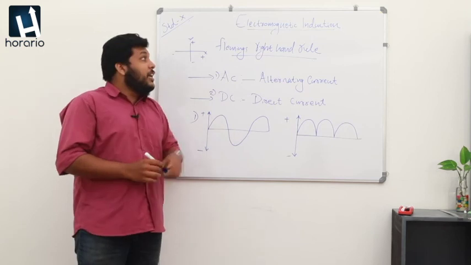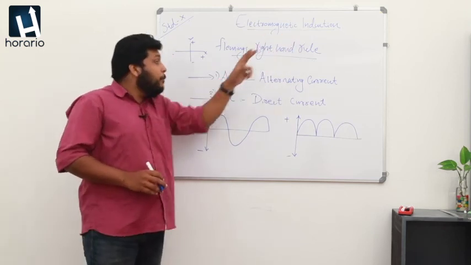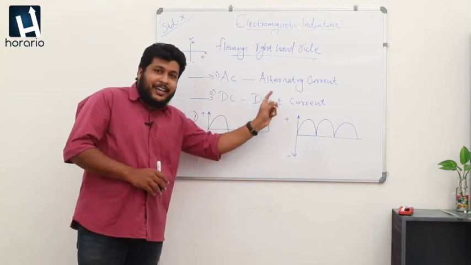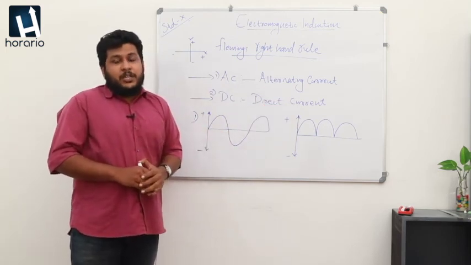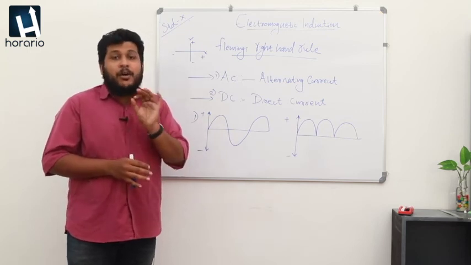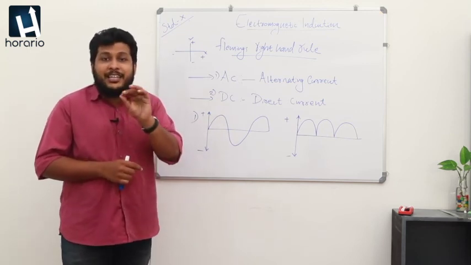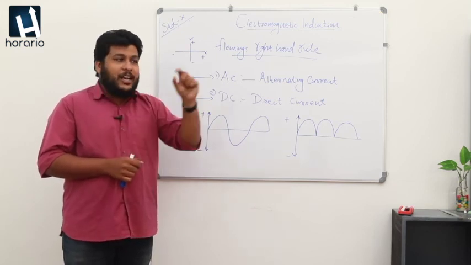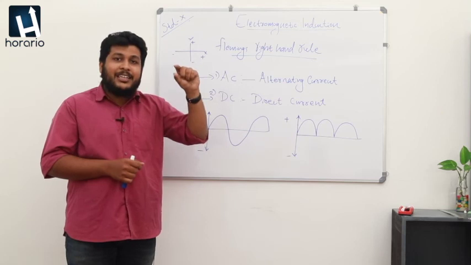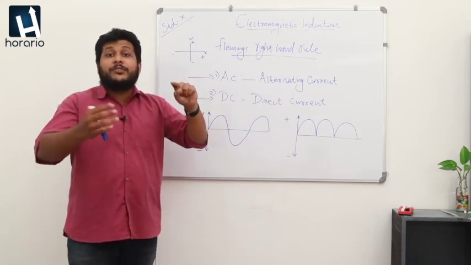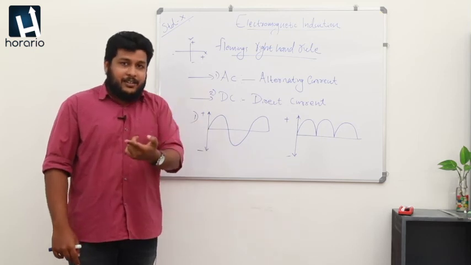And with the help of electromagnetic induction, we are producing two types of current, known as alternating current and direct current. So as an introduction to our third chapter, we discussed what is meant by electromagnetic induction. For that, with an experiment, we explained that when the magnetic flux linked with a solenoid changes, it will lead to the formation of induced current.